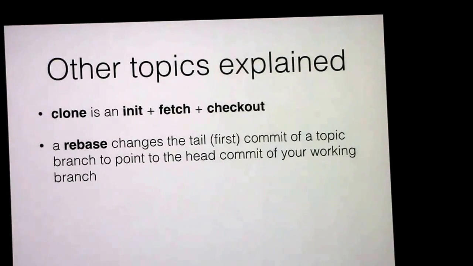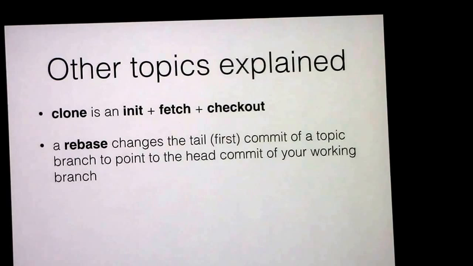Rebase is complex, but it's extremely useful. It changes the tail, that is the first commit of when you have a history, when you've made what's called a branch, it's sort of a fork in history. It takes that first commit of the fork, which is what we call the tail, and points it to the head of your working branch.